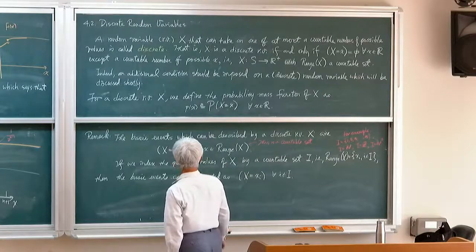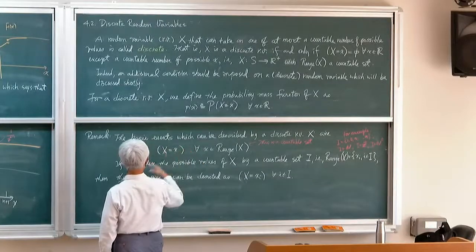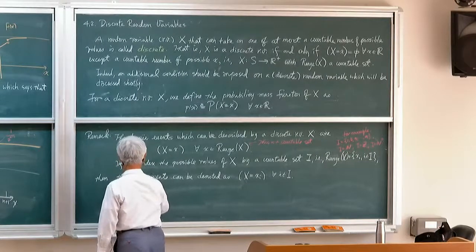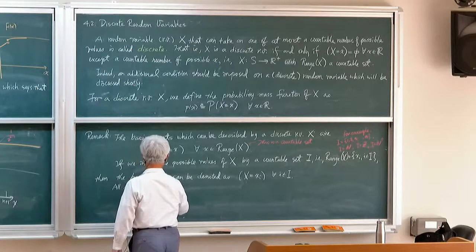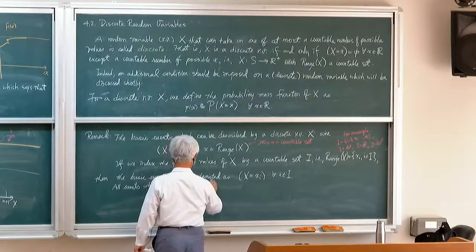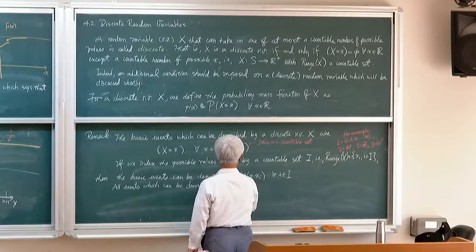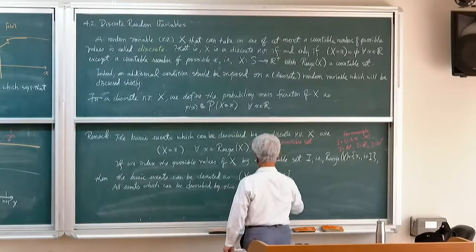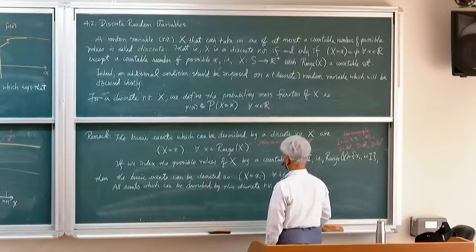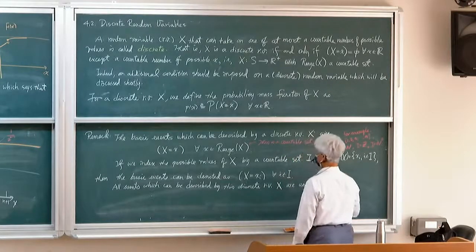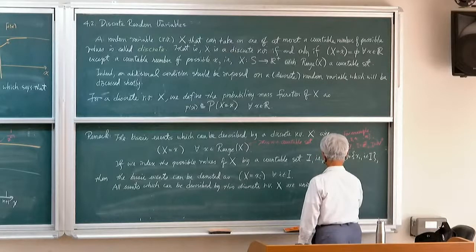Okay, so there are basic events, and all events which can be described by this discrete random variable X are unions of basic events.